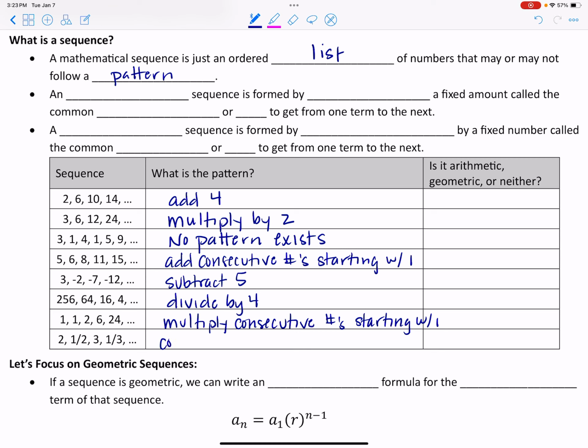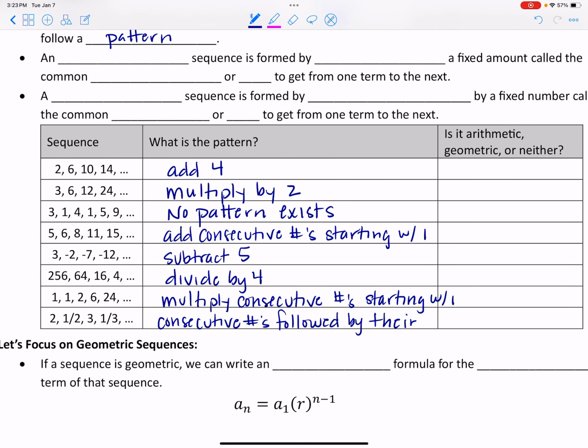So this is consecutive numbers followed by their reciprocals, starting with 2.